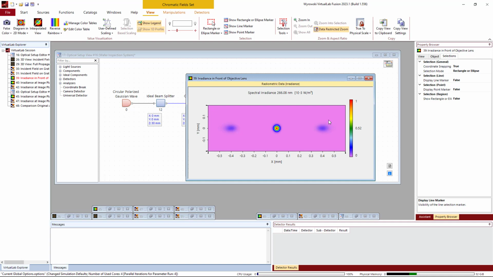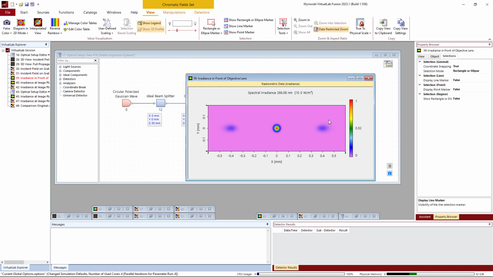That is also the beauty of having access to the full electromagnetic field: we can compute any result that can be defined as a function of that electromagnetic field, which includes all radiometric and all photometric quantities, and we do so on the basis of the electromagnetic field information that reaches the detector.